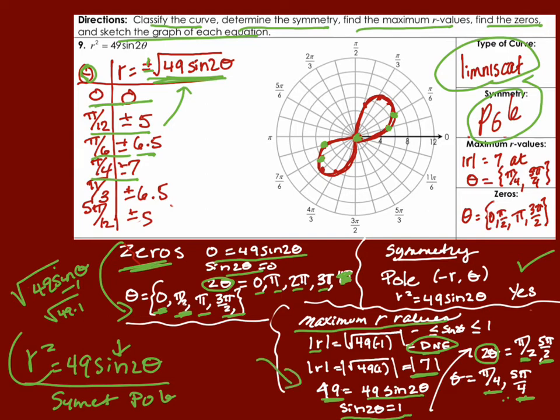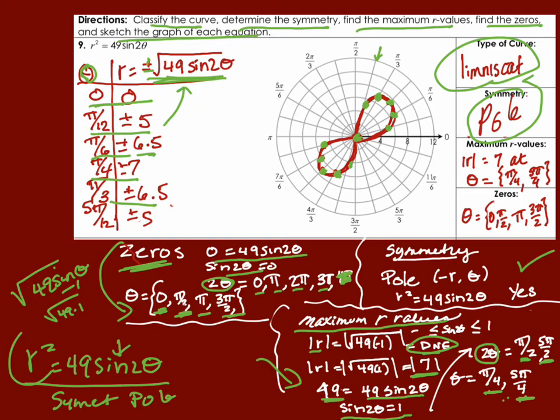And going negative 7 from pi over 4 gives you the point over there. Pi over 3 is back to 6.5. So I have a point here, and negative 6.5 would be down here. And then at 5 pi over 12, this point here, it's positive 5 and then negative 5. So that would be over there.